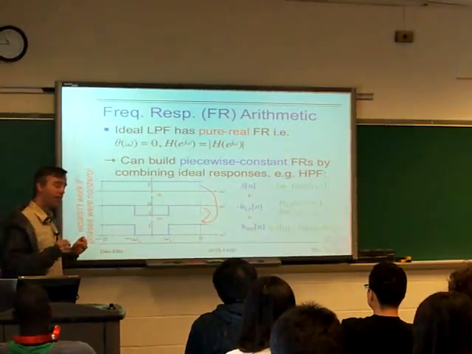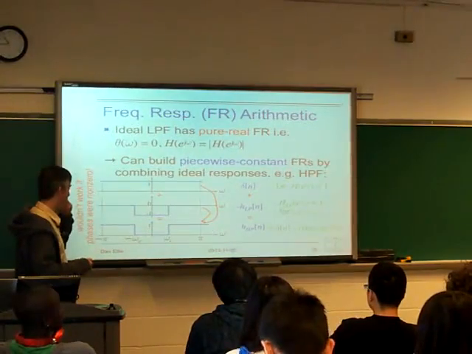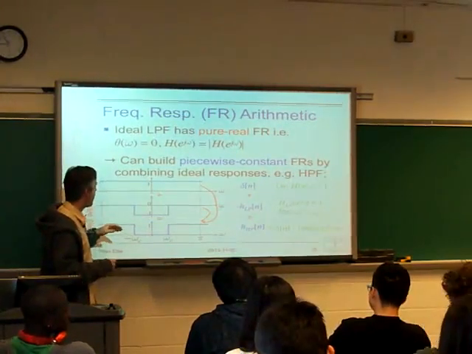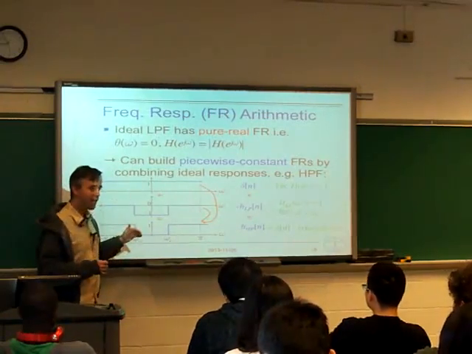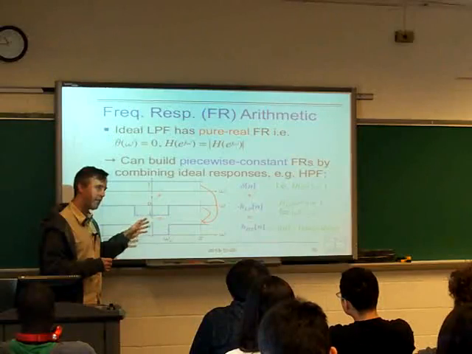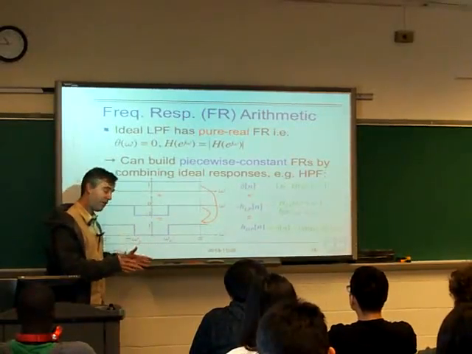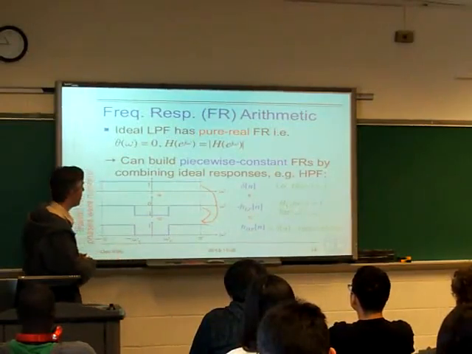Let's say we wanted to build a high-pass filter instead of a low-pass filter. One way to get that would be to take 1 minus the low-pass filter. If the low-pass filter has a gain of 1 at 0 and 0 at 1, then 1 minus that will have a gain of 0 at low frequencies and 1 at high frequencies.